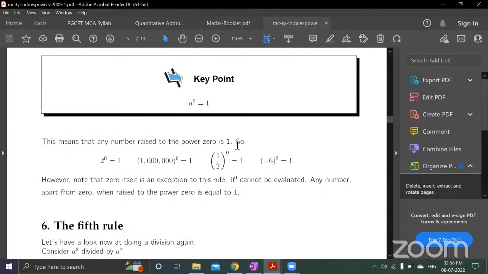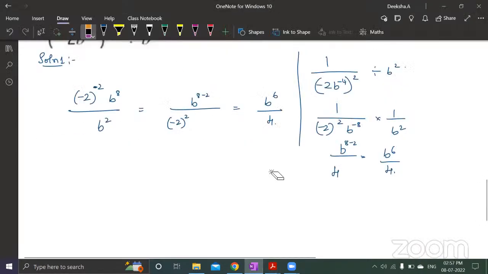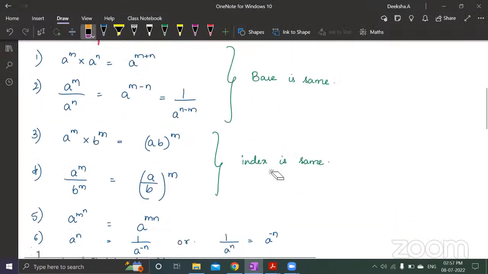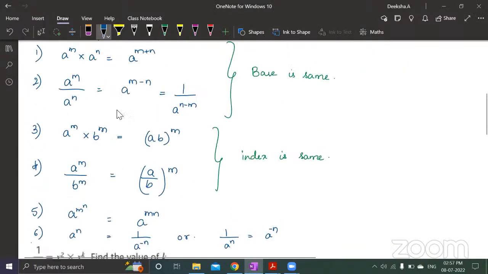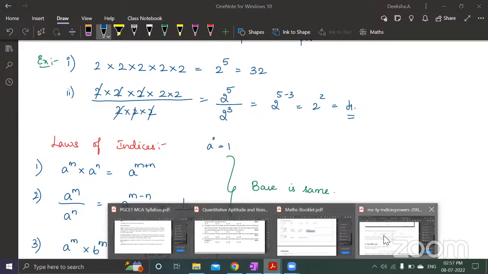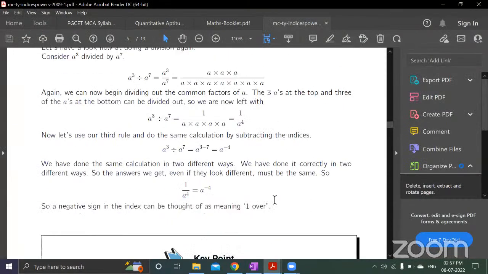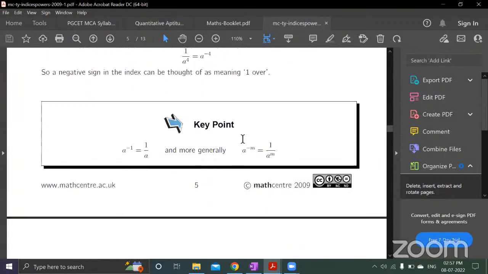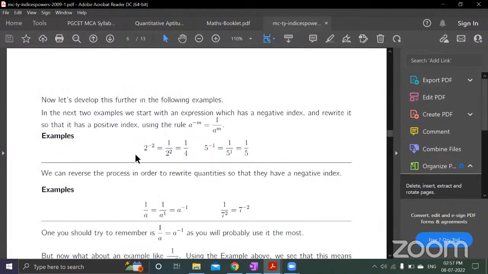Any number raised to power 0 is 1, which we have not written here. Any number power 1 is itself, which I'm sure all of you know. Also, any number which is on one side of the fraction, you can take to the other side by changing the sign of the power.